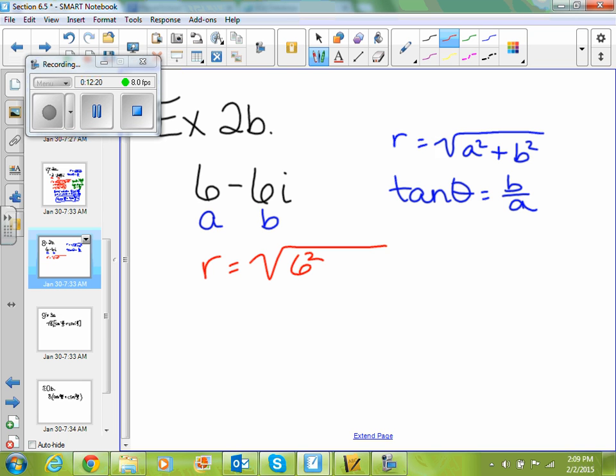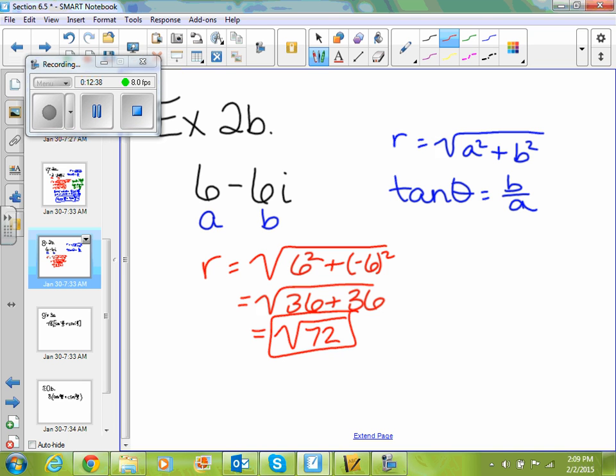So r equals the square root of 6 squared plus negative 6 squared, which equals the square root of 36 plus 36, which equals the square root of 72.